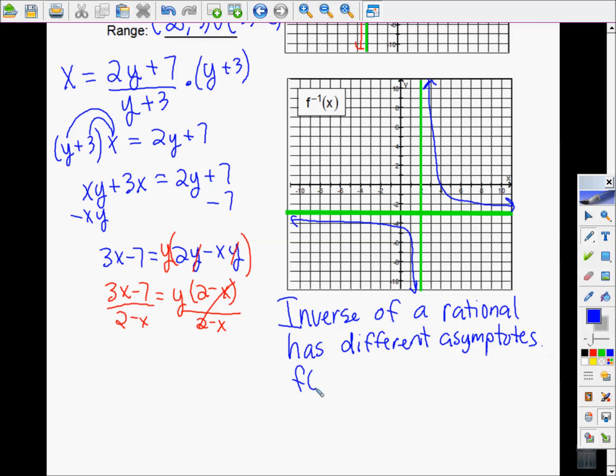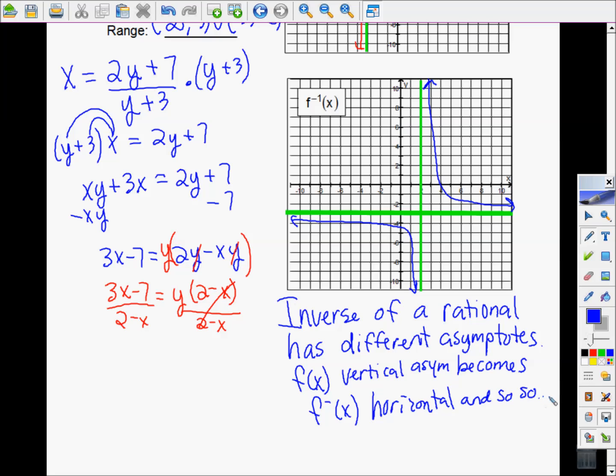So f of x vertical asymptote becomes inverse of x horizontal, and so on and so forth.